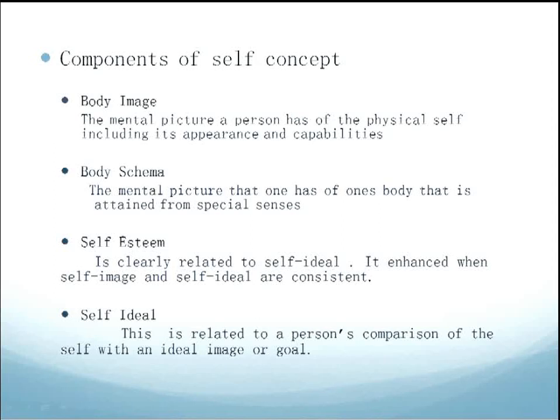And body schema is the mental picture that one has of one's body, that is attained from the special senses. According to the patient's five senses, they will have a mental picture regarding their body image.